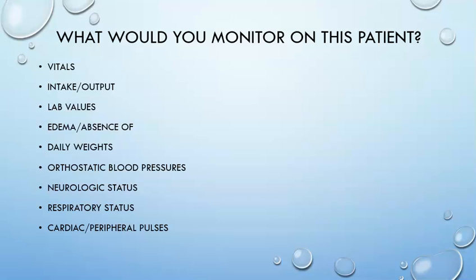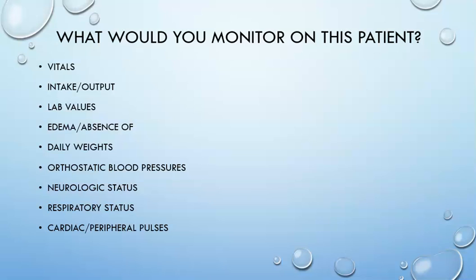We're looking for more than a 10-point drop in their systolic blood pressure, or a more than 10 to 15 beat increase in their heart rate. This would lead us to believe that they would be at high risk for a fall related to a syncopal episode.